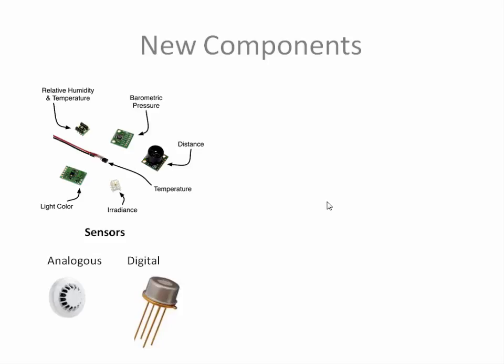That means they are not directly compatible with your computer software, because computer software uses 0 and 1 digital values. So these sensors will not give you digital readings, and you have to attach some interface in between to read those things. But by using an analogous sensor, you will have a greater degree of control over your sensor readings.